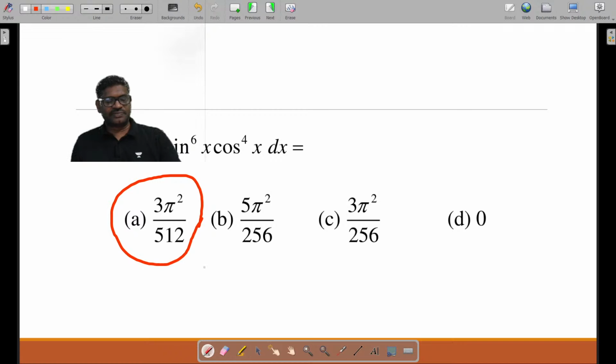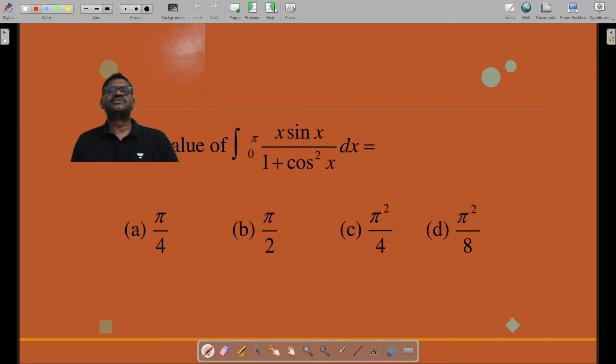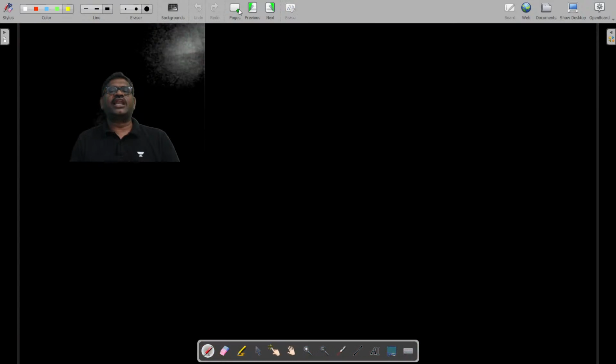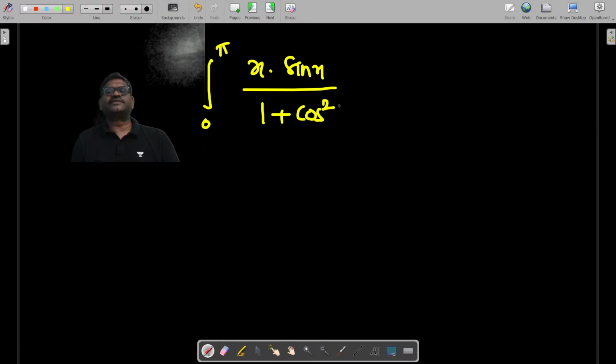Next problem. Same model. Integral 0 to pi of x sin x by 1 plus cos square x dx.